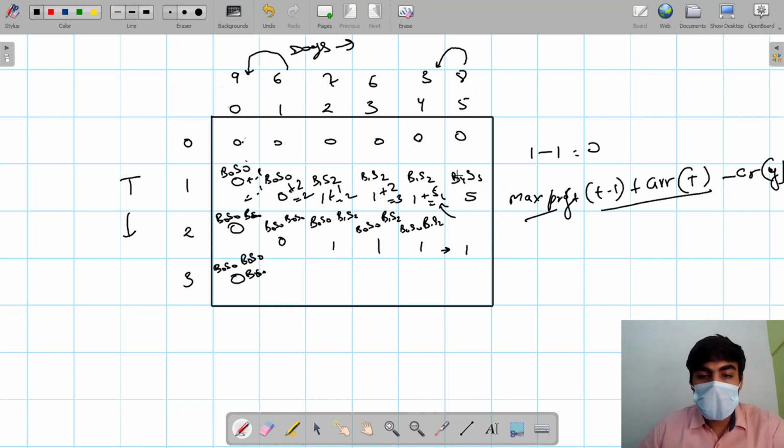So out of these, which one is greater? 6 is greater. So we are taking 6 here and neglecting all the others. Okay, so I am taking 6 here.